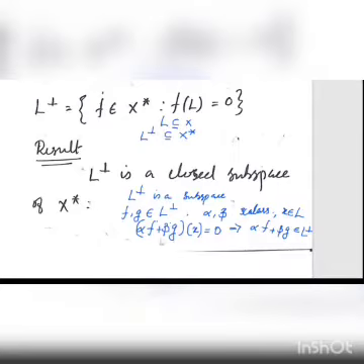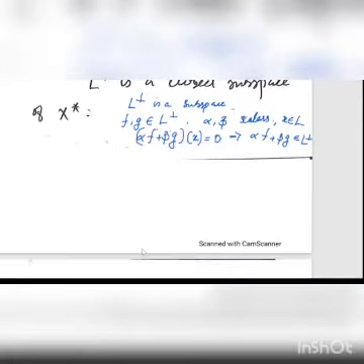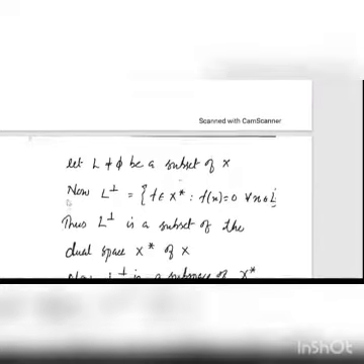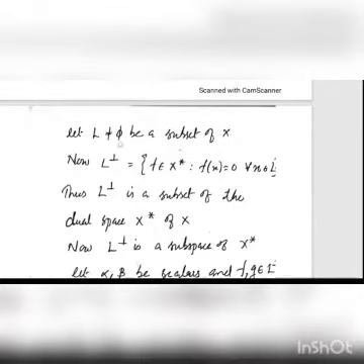So we are proving that it's a subspace first. Then after that we will prove that this subspace is closed. So let's see how we can prove it. We are assuming that L is not equal to empty. If L is empty, evidently we get the result.